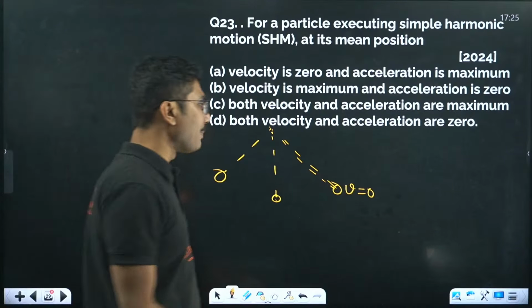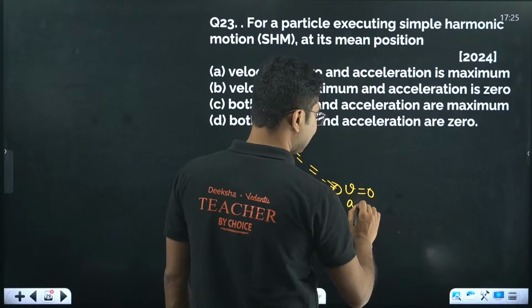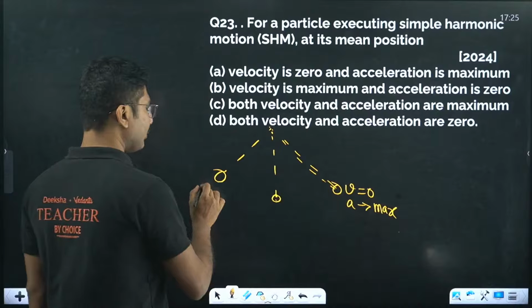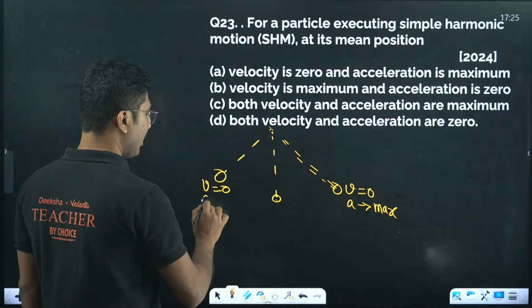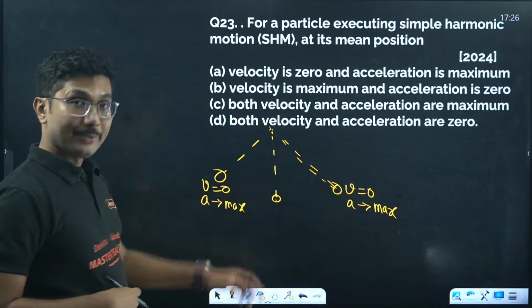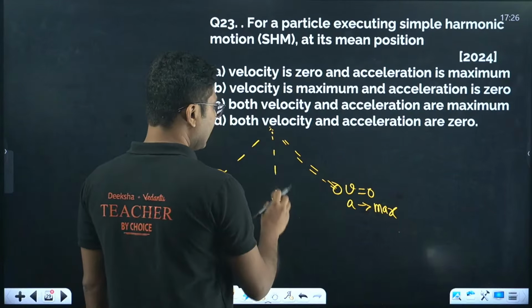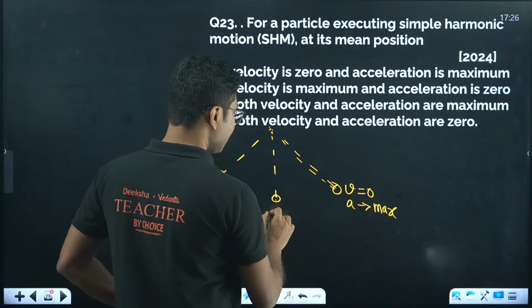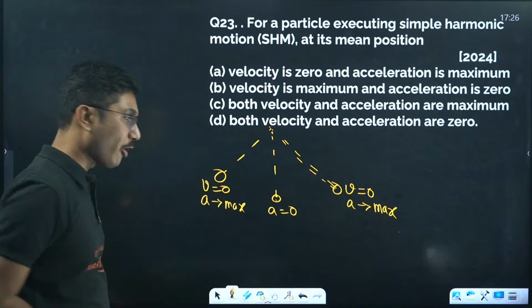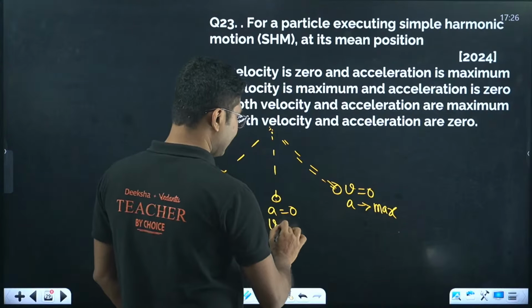So who is taking it back? Acceleration is maximum. At both extreme positions, velocity is 0, acceleration is maximum. At the mean position, on the other hand, acceleration is 0, but it has to reach the maximum point, so that means here velocity is maximum.